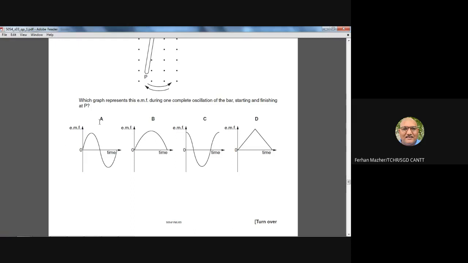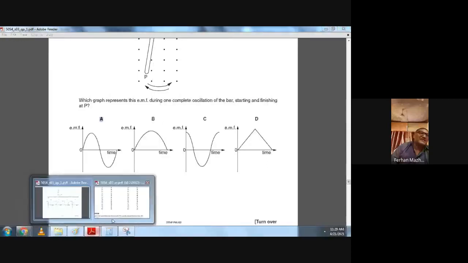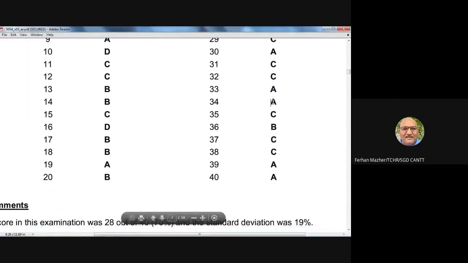I think A is the best option. A is a complete wave of AC EMF, alternating EMF induced. A looks the best option to me. Question number 34, A is the option.